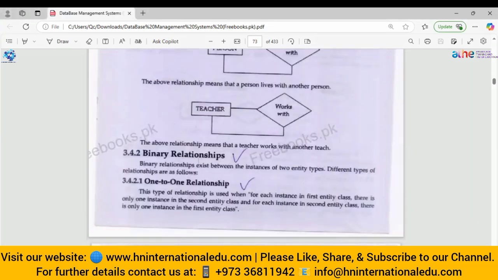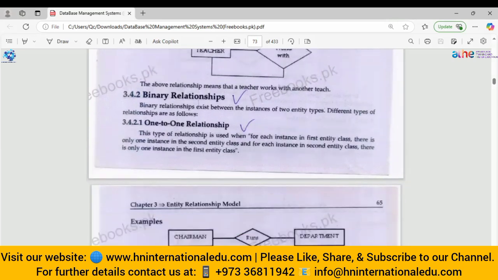Teacher is a table, or you can say an entity, that works with the same kind of entity. So a relationship that forms with the same type of entity or table is our unary relationship. Then we have the binary relationship.